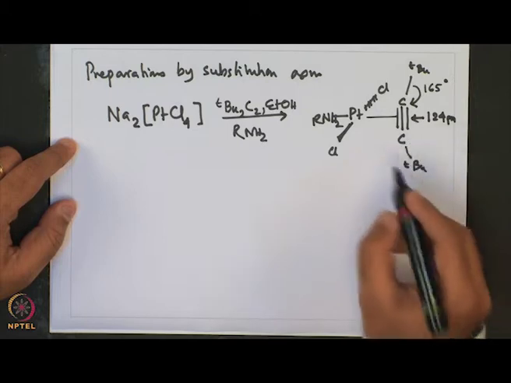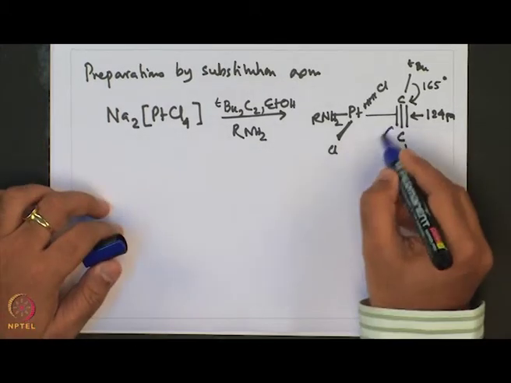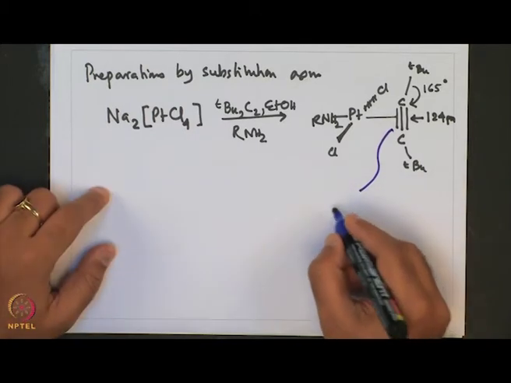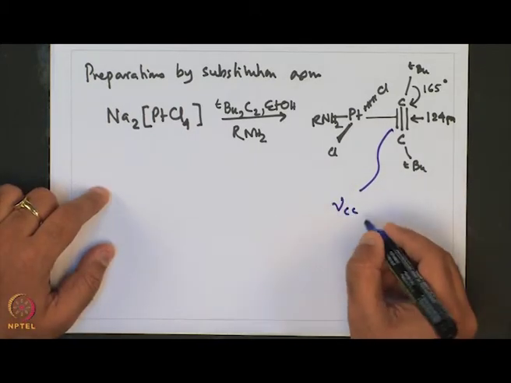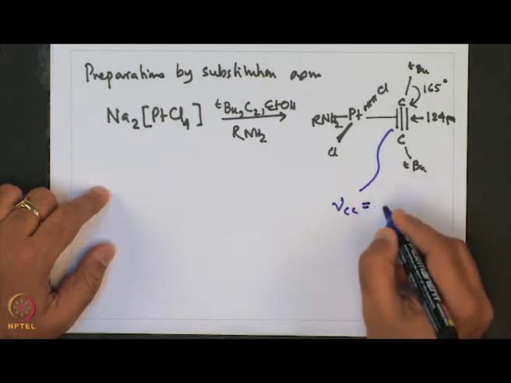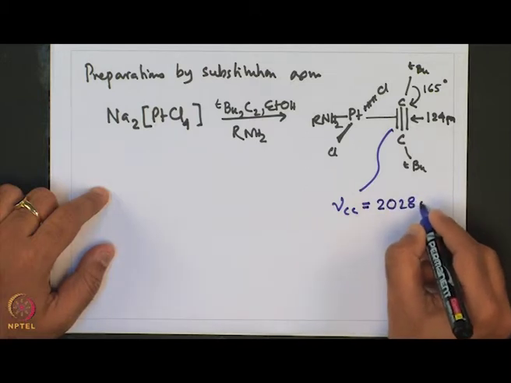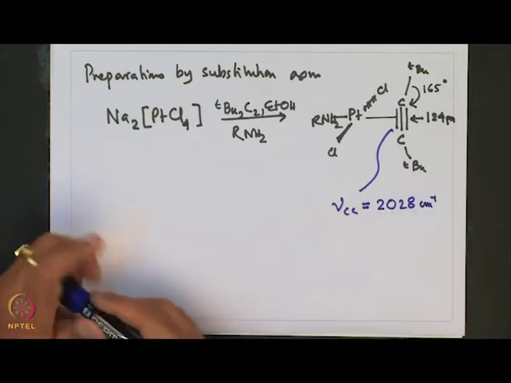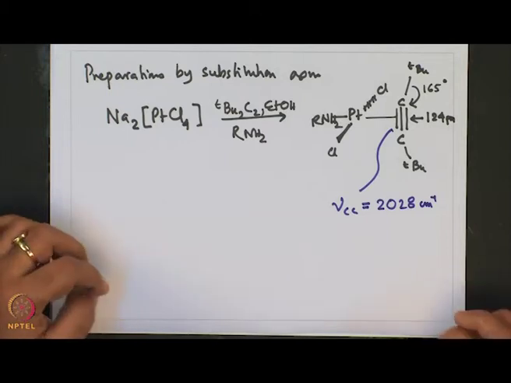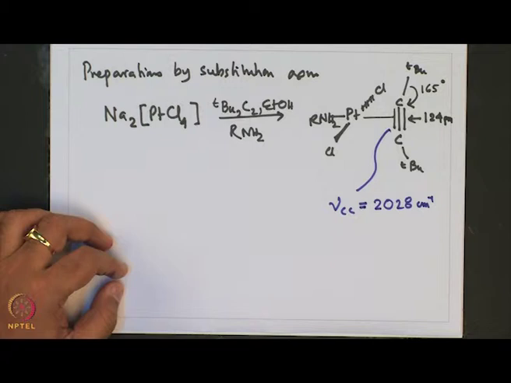The CC stretch, nu CC, can also be characterized by IR, and that is 1828 centimeter inverse. So, this is a method where the chlorides have been substituted by alkyne, providing this alkyne complex.